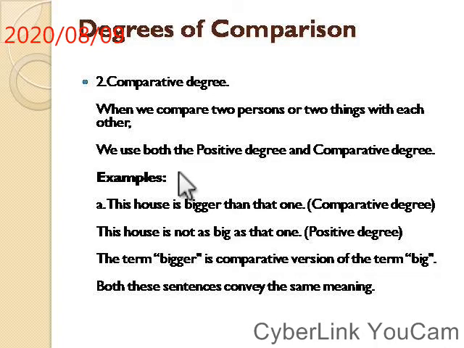We compare them with each other. Okay, there are two nouns or two persons or two things that we are comparing. We use both positive degree and comparative degree. Okay.